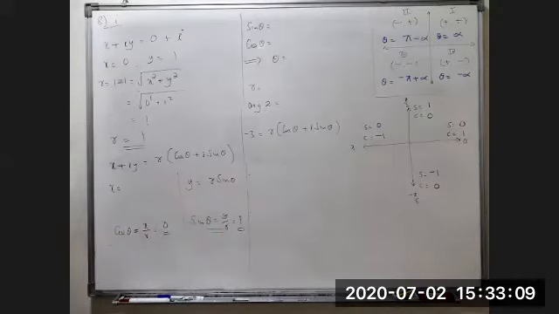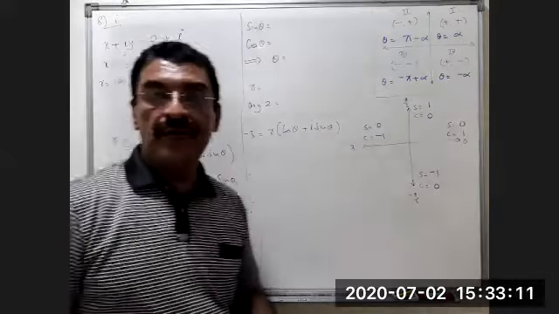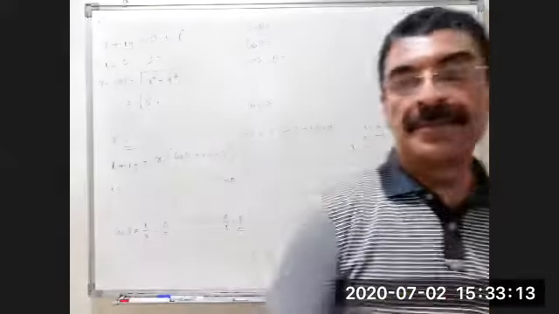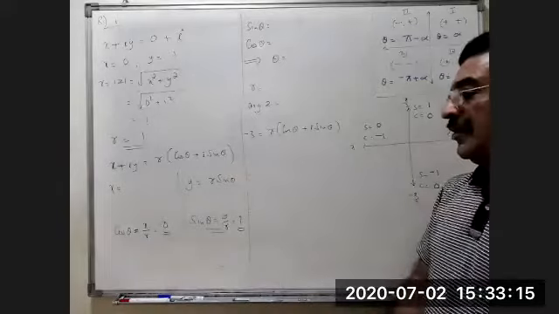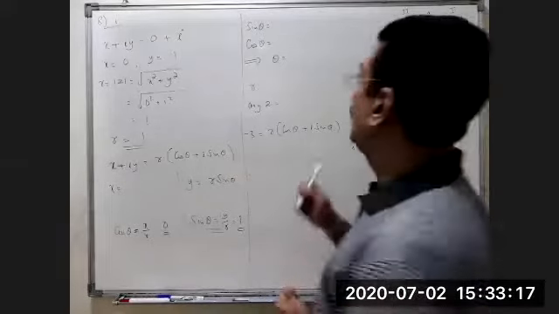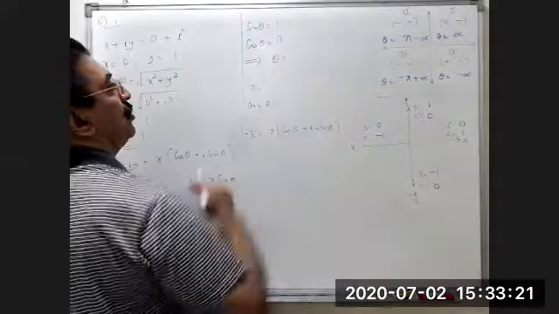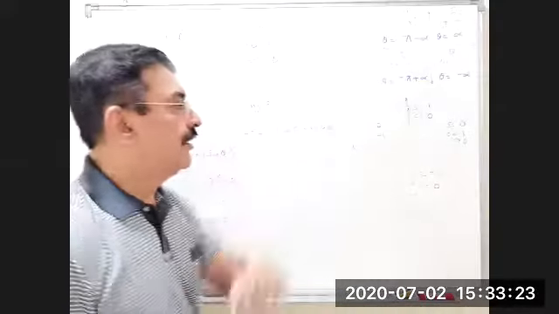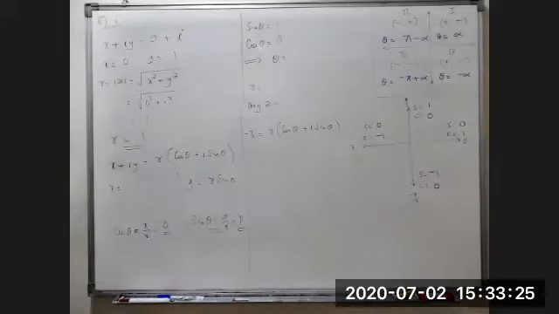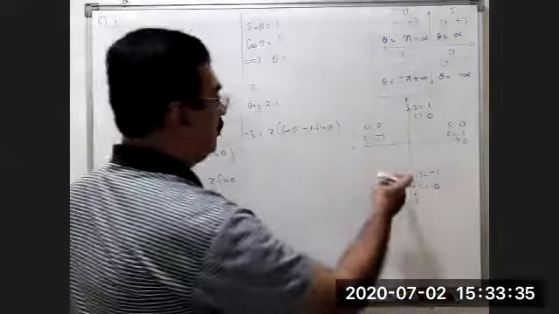Cos theta is x by r. Sin theta is y by r. So cos theta is 0, sin theta is 1. Identify sin theta 1 and cos theta 0. Where is it?